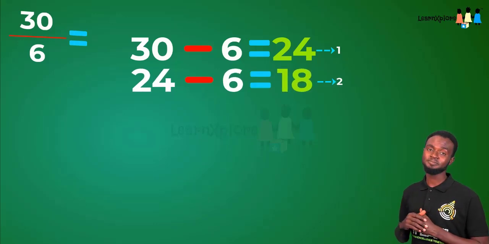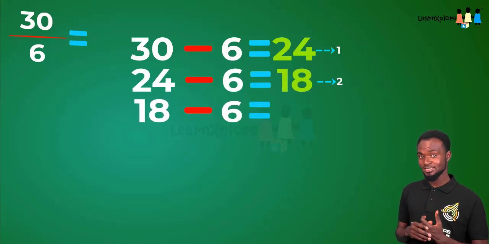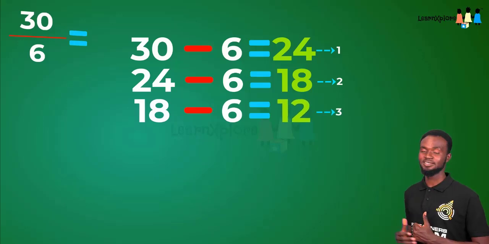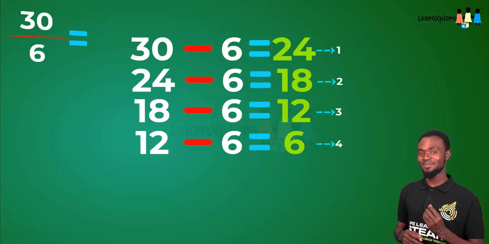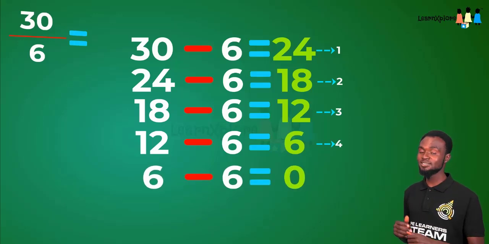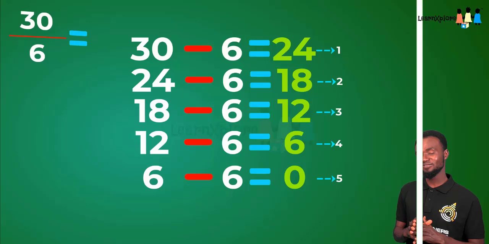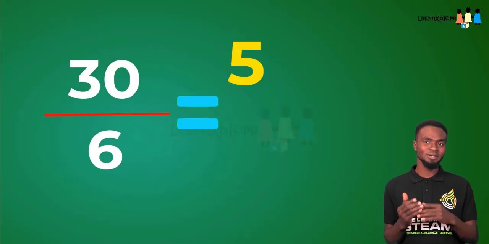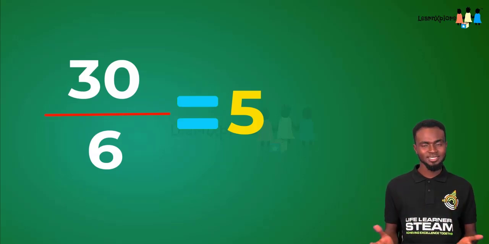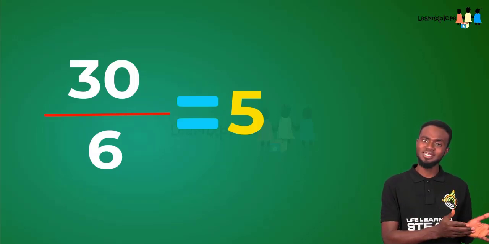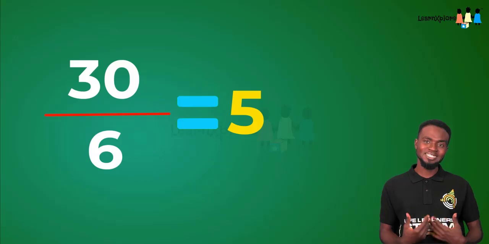That is 2. 18 minus 6 is 12. 3. 12 minus 6 is 6. 4. And finally, 6 minus 6 is 0. That is 5. So what's the answer of 30 divided by 6? That is 5. How did we get that? We kept subtracting 6 from 30 until we got 0, and that is 5 times.